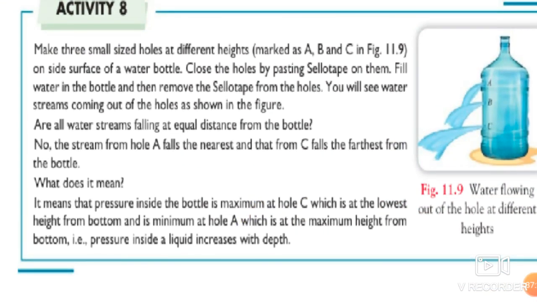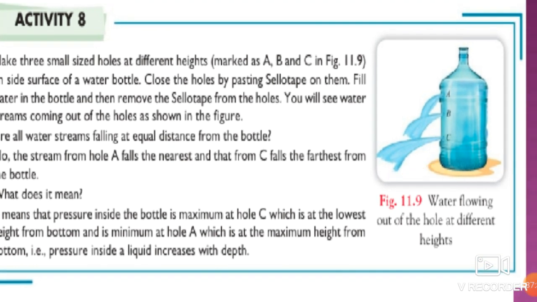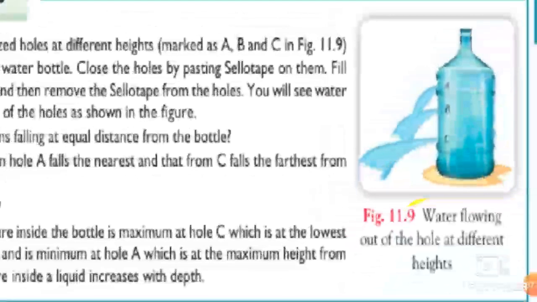So why is this so, students? Are all the water streams falling at equal distance from this bottle? No, exactly not. The stream from hole A falls nearer than the stream from hole C.